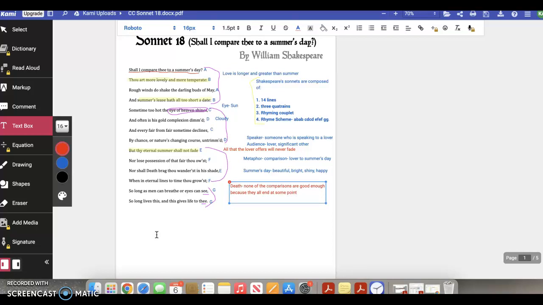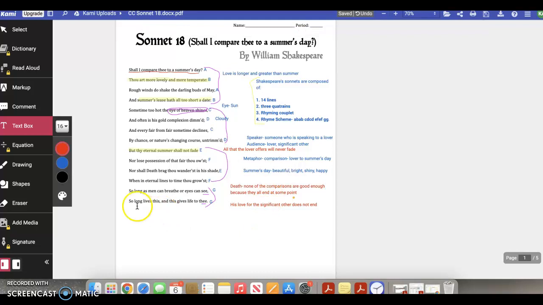And his love for this significant other does not end. So then it says, "So long as men can breathe or eyes can see, so long lives this, and this gives life to thee."